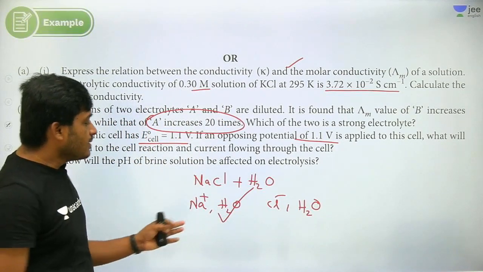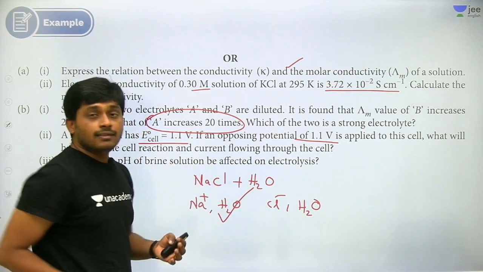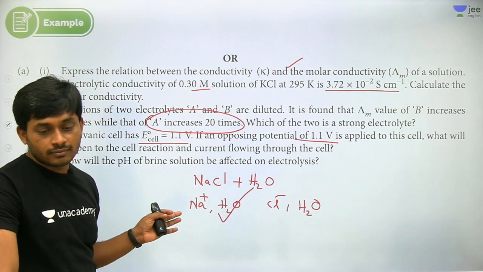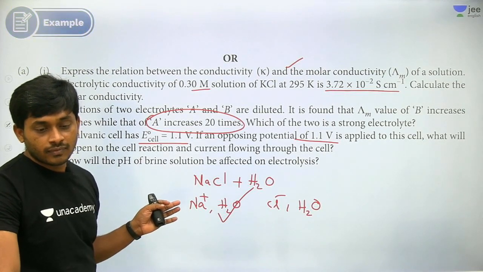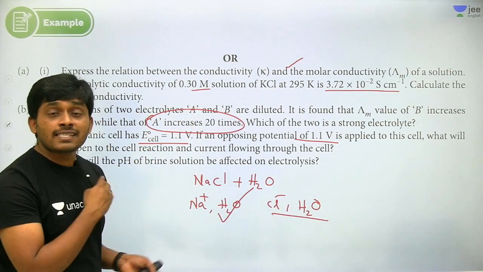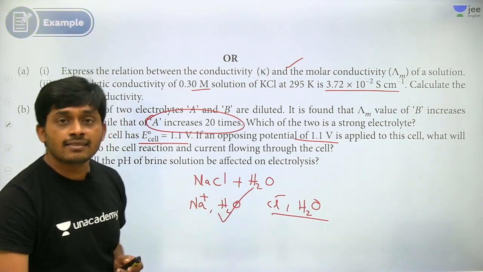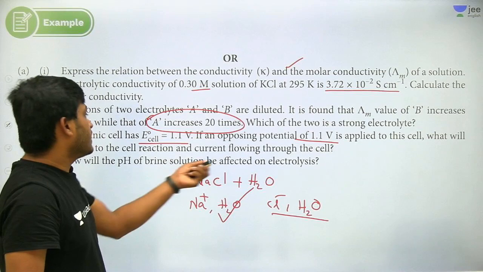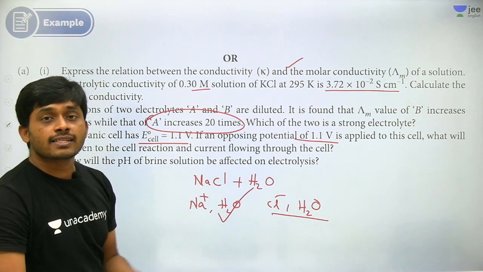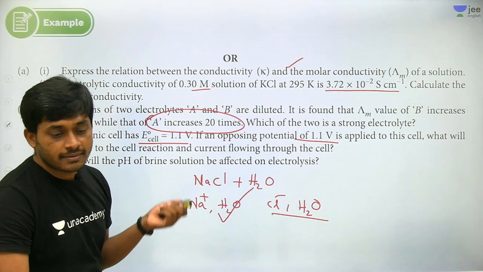Water being discharged means, which one is released here, H2 or O2 at the cathode? See here, at the anode O2, at the cathode H plus concentration is decreasing. So what about the pH? If H plus concentration decreases, pH will increase. That's it. Because of the different reduction potential, water is discharged, so H plus is decreasing, so pH will increase. That's it.